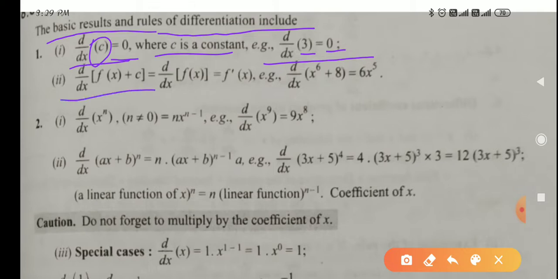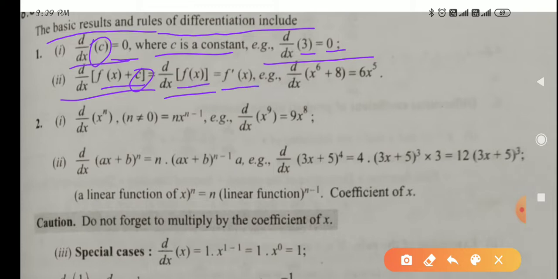Now the second part, they are taking d upon dx of f(x) plus c. f(x) means a function of x, so one function of x will be there and one constant term will be there. For the constant term differentiation will be 0, so directly you can write d upon dx of f(x), and it can be written as f dash x.